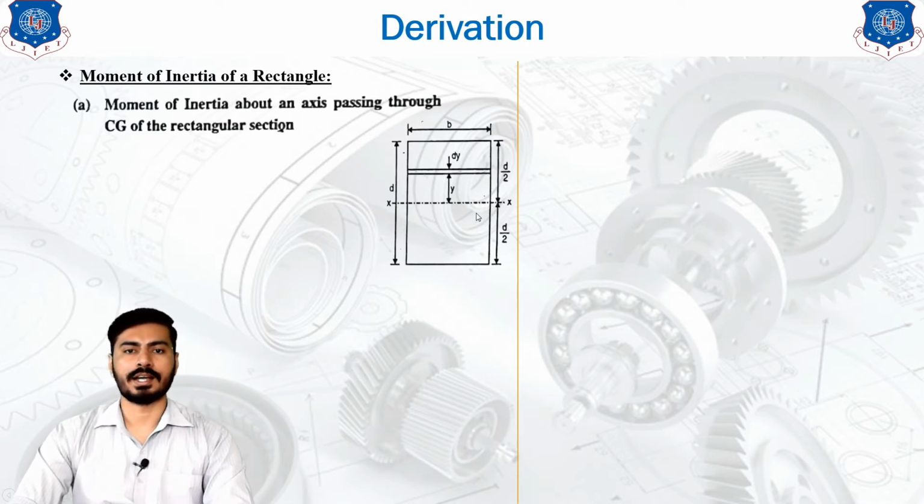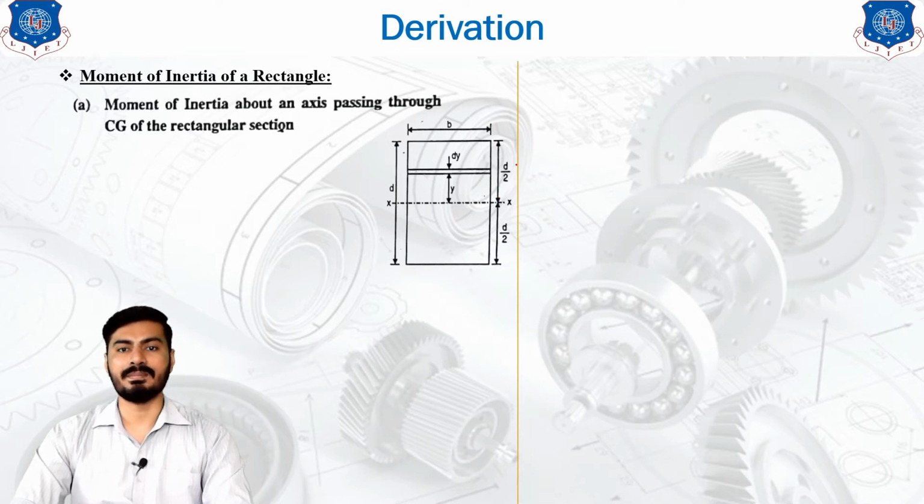Okay, so the x-axis is representing the centroidal axis. Now, if you consider the distance from this centroidal axis, that is nothing but d by 2 from the top of the rectangle and d by 2 from the bottom of the rectangle.